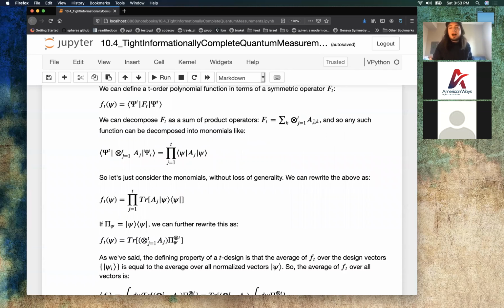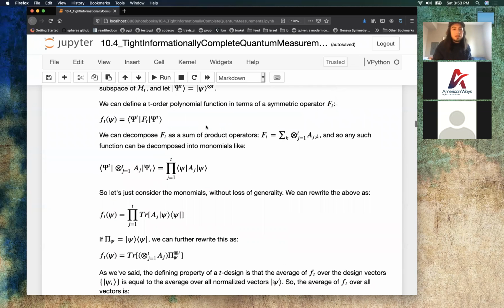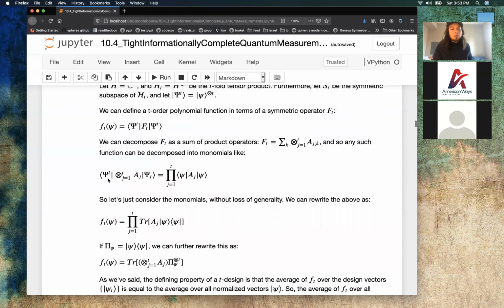Because this is just a sum of these tensor products, we can consider just one term in that sum, like a monomial. We could write that monomial as the bra of psi tensored with itself t times, the ket of psi tensored with itself t times, and this operator in the middle, which is just a tensor product of t different A's.